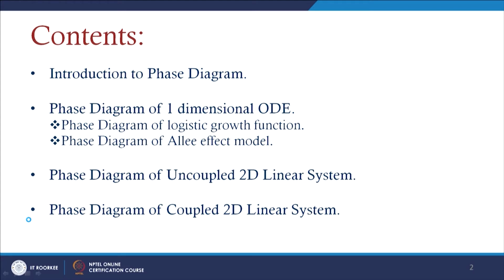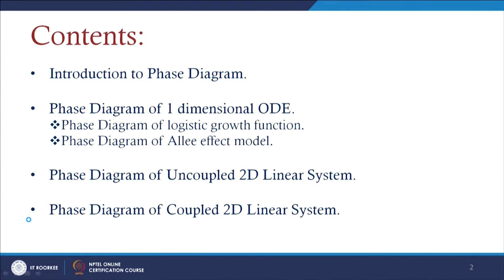Then we will go for phase diagram analysis for a 2D uncoupled system, then the coupled system. For an uncoupled system it is very easy to do this analysis in a graphical sense, but in the case of a coupled system we find lots of difficulties, which can be handled using different techniques.